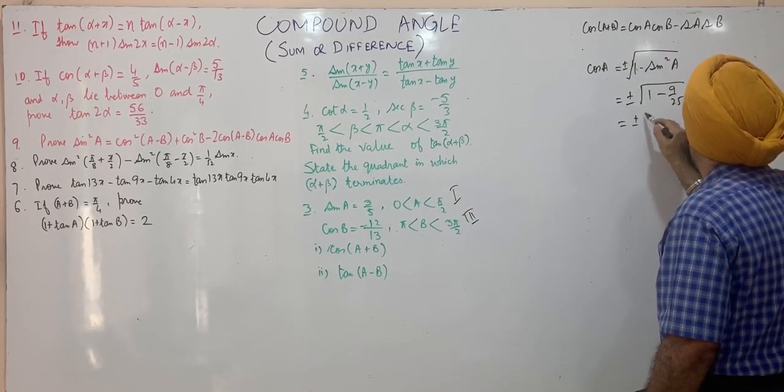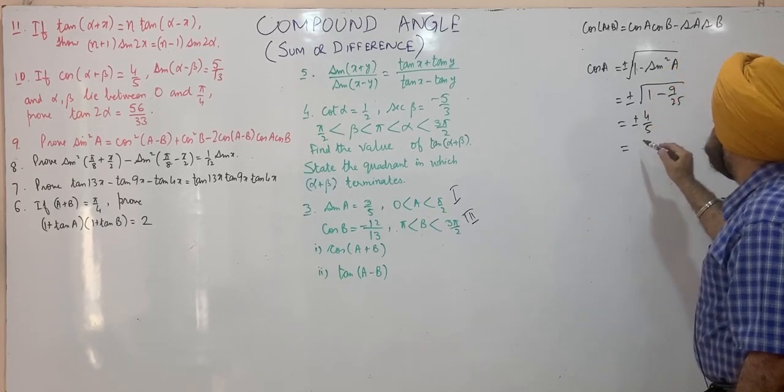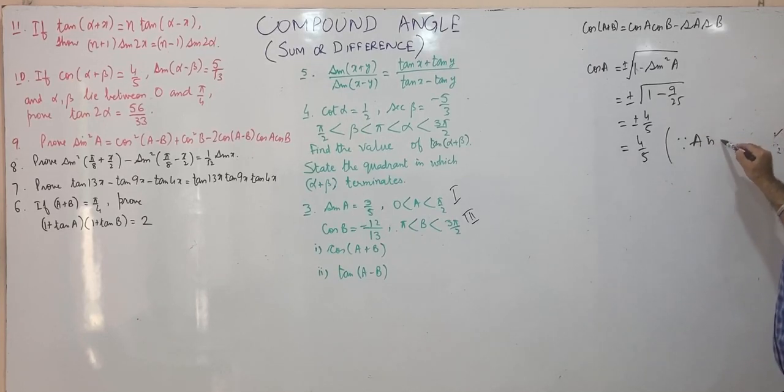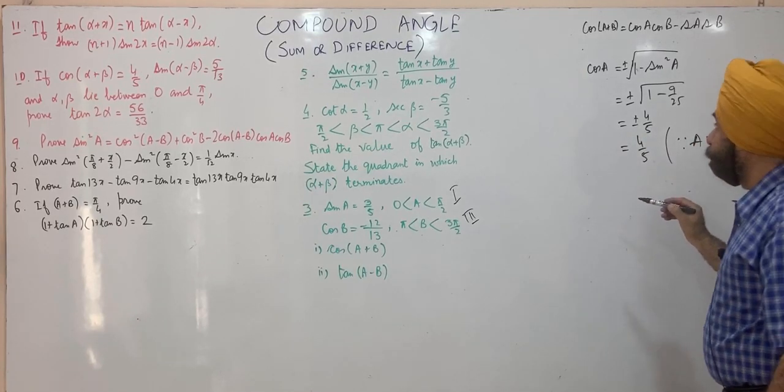So this is plus minus 4 by 5. Now A is in the first quadrant, so cos A will be positive. Therefore cos A will have a positive value. We remove the negative sign.